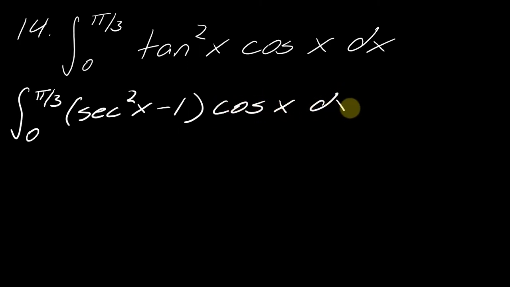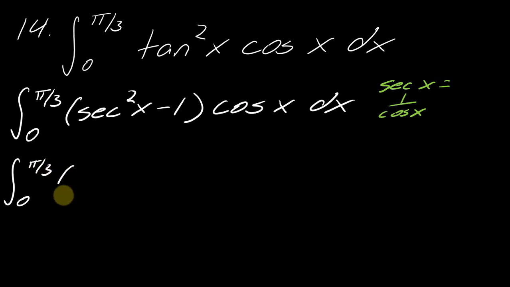And so in rewriting this problem, remember, secant x is equal to 1 over cosine of x. So if I were to multiply this out now, I change the problem. So this becomes 0 still to pi over 3.